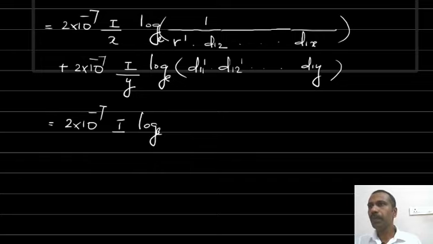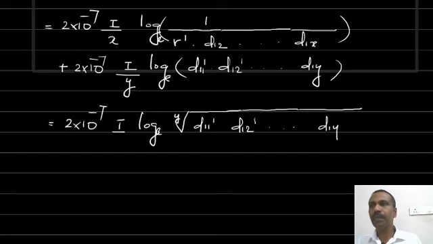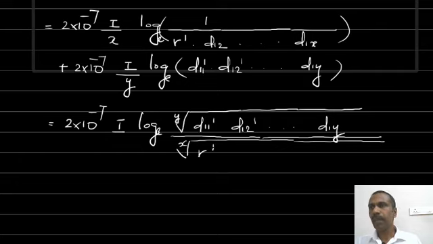This is equal to the yth root of the numerator, d11 dash, d12 dash, etc. up to d1y, divided by the denominator, the xth root of r dash, d12, etc. up to d1x. This is our flux linkage on the strand number 1.